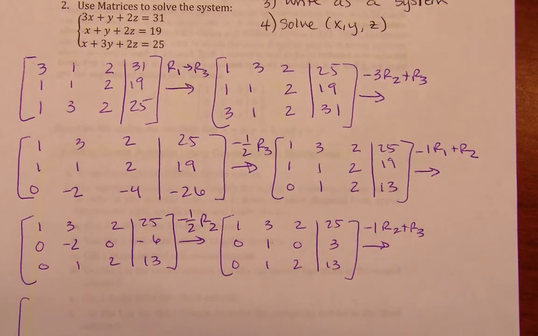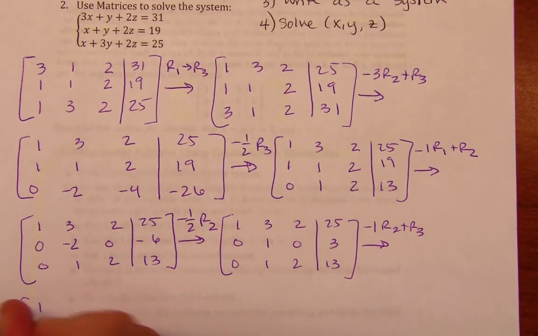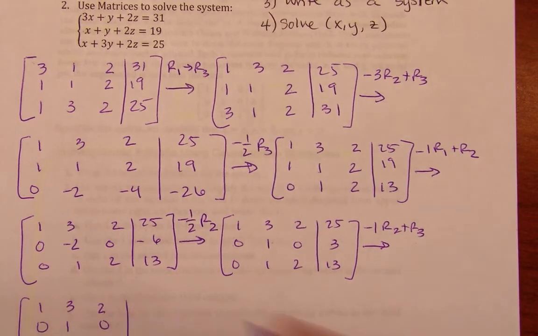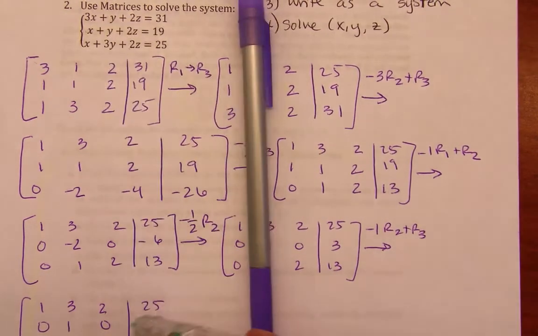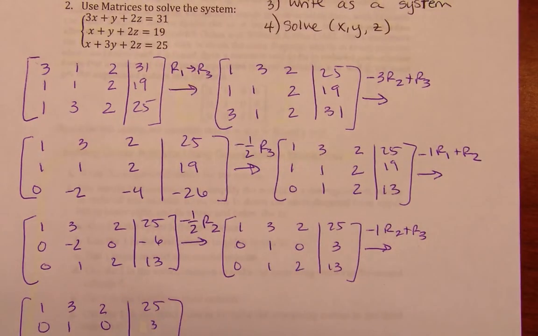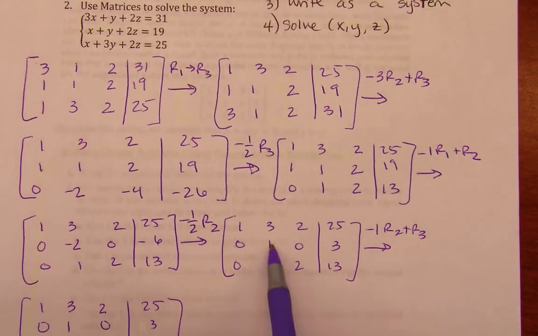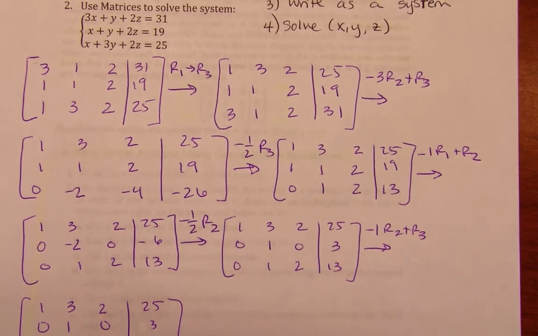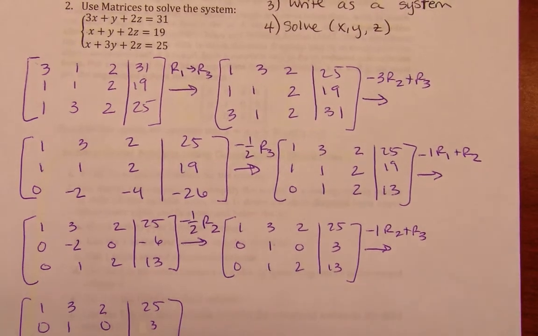So I'll copy down rows 1 and 2 real quick. And -1 times 1 is -1 plus 1 is 0. 0 plus 0 is still just 0, and then that's not going to change.